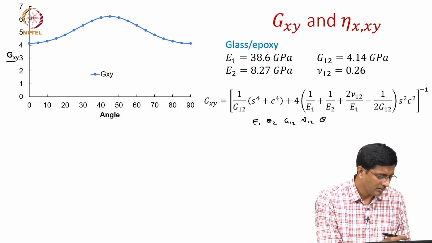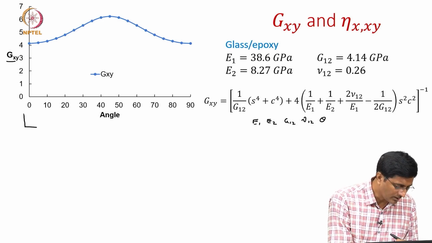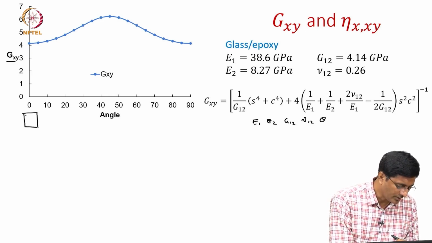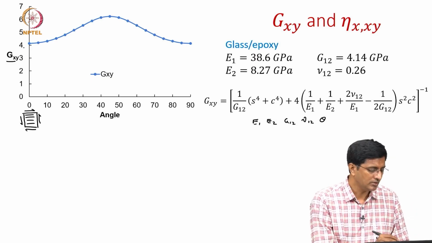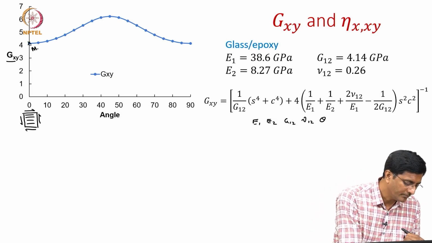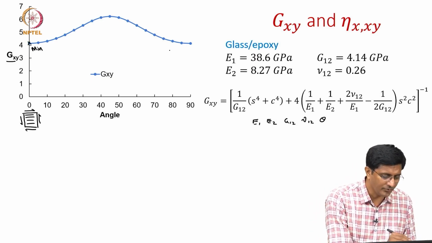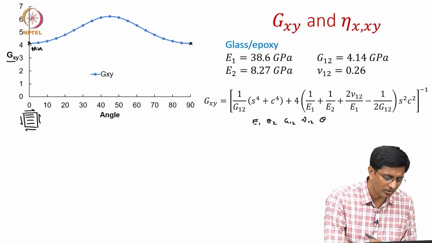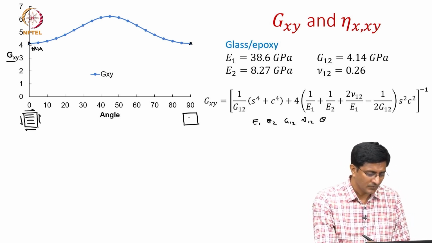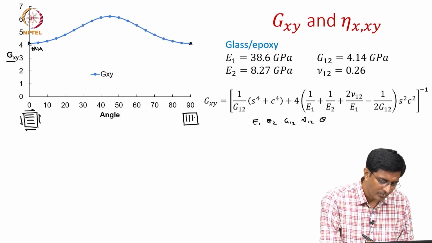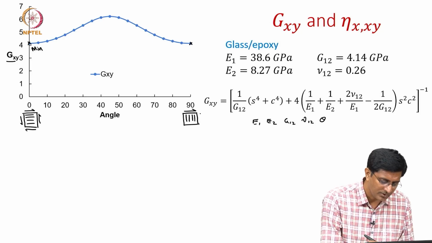Looking at this, we see when we are looking at 0 orientation and you apply the shear stress, we have the least shear stiffness because here we have the minimum. Similarly, again we have the minimum at an orientation angle of 90 degrees, where we are orienting the fibers in the y direction and we apply the shear stress.